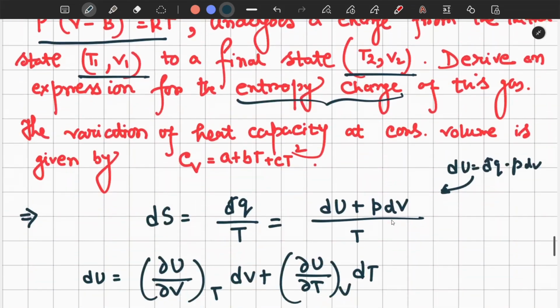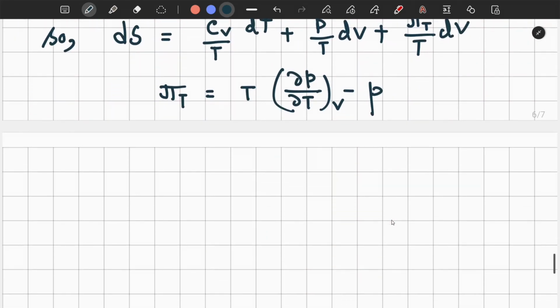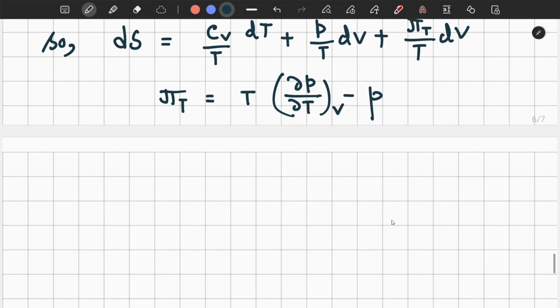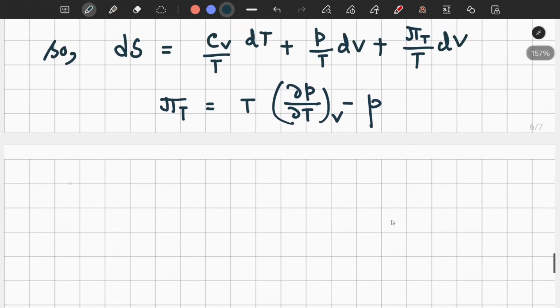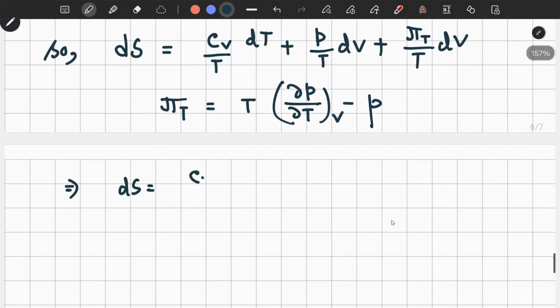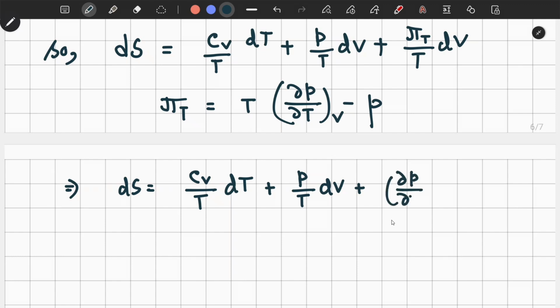Yes, correct. This is in general. So if you put it, then dS will be del P del T at V times dV minus P by T times dV, and it will cancel.